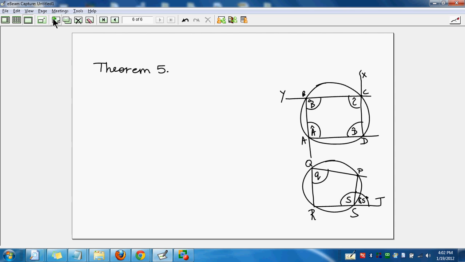Okay, so we're on to theorem 5. Theorem 5 says that the exterior angle of a cyclic quadrilateral is equal to the interior opposite angle. So the exterior angle of a cyclic quadrilateral is equal to the interior opposite angle.